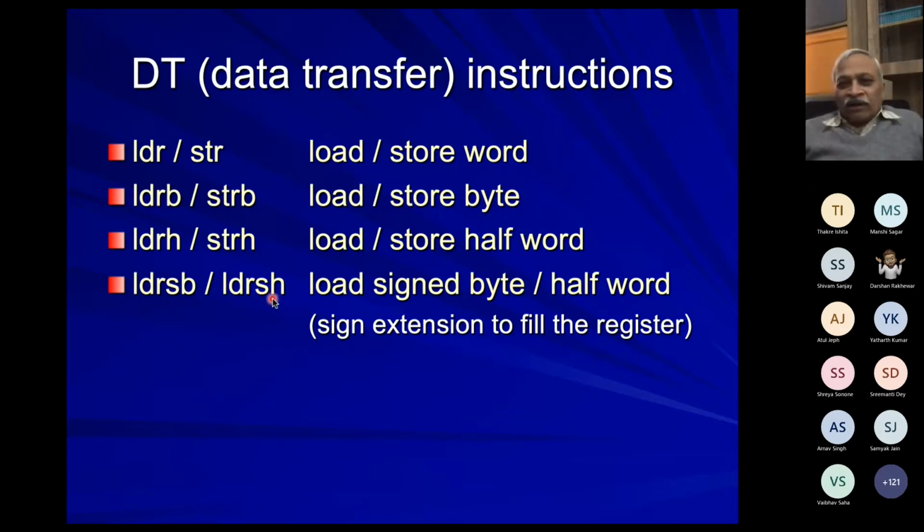So when you are filling only a byte or half word of a register from memory, you need to fill up the rest of it with something. Either you fill those with zeros. If you are loading a byte only in a register, the remaining 3 bytes can be filled with 0. That's what will happen in LDRB and LDRH. But in these cases, the sign bit gets extended.